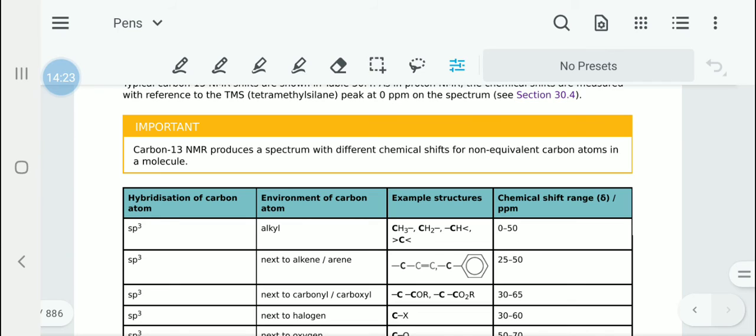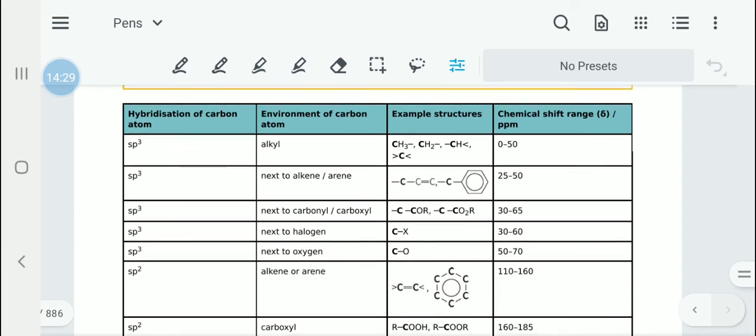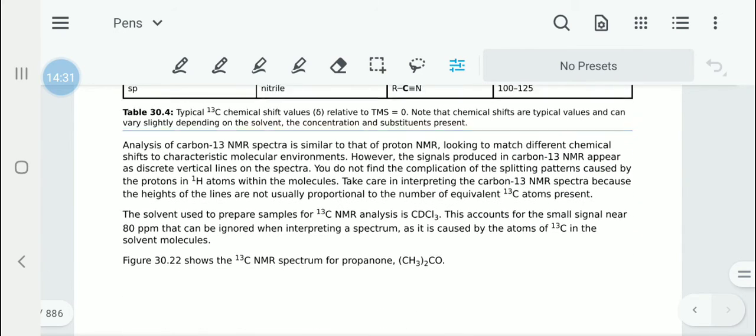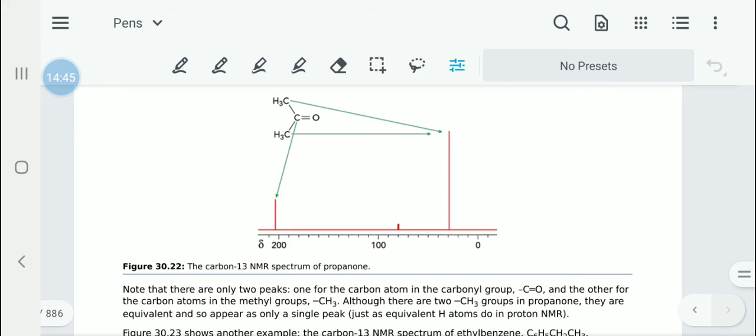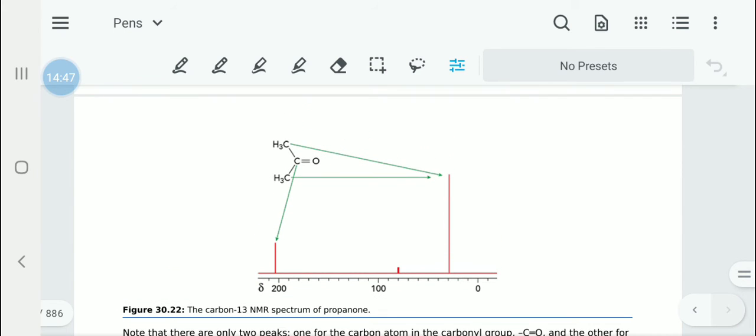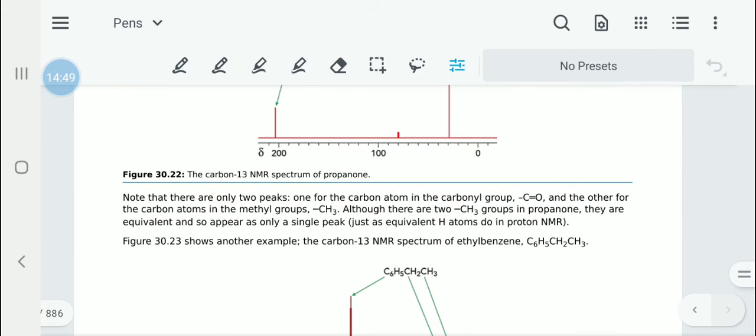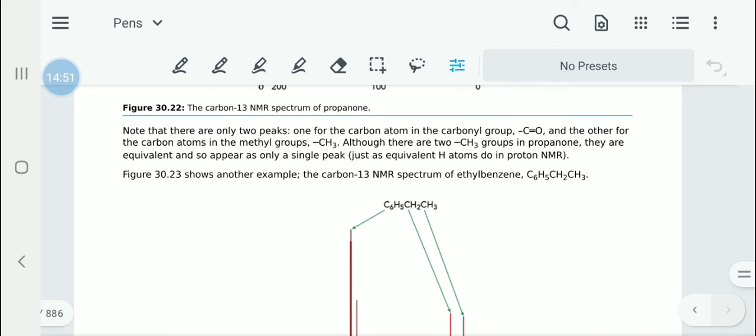It will produce a spectrum with different chemical shifts for non-equivalent carbon atoms. That is, if carbon atoms are there with equal environments, they will be shown as a single line. Please draw this figure 30.22, then you will understand it better.